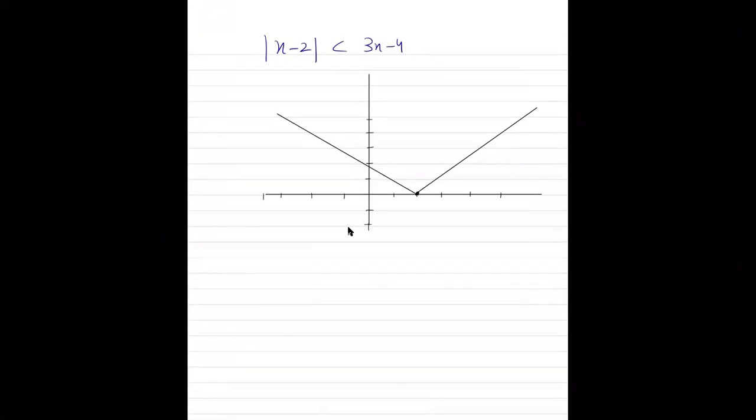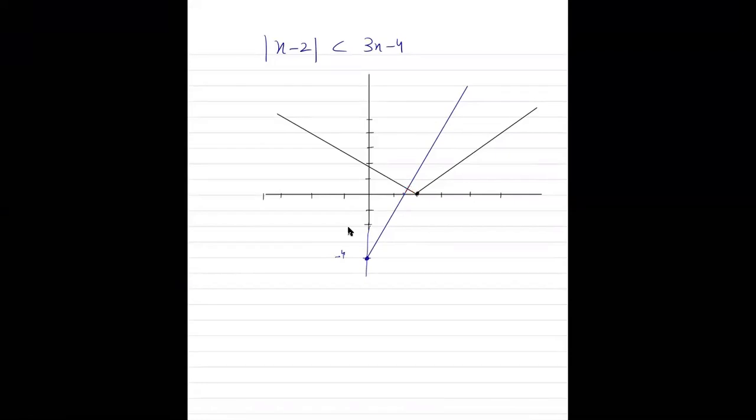So the y-intercept is going to be negative 4, and what is going to be the x-intercept? 4 upon 3. So that's 1.3 something, between 1 and 2, something like this. So you see there is only one point of intersection.